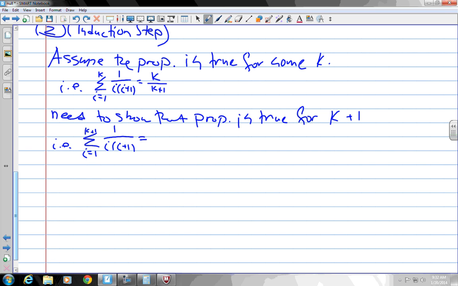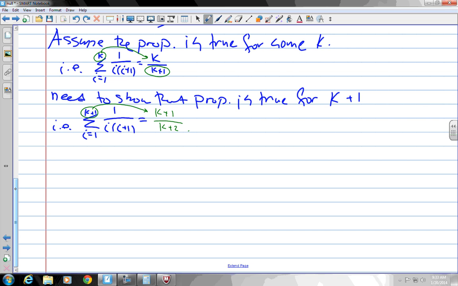What do we need to show? Over k plus 2. So whatever this value, that's the numerator, denominator is greater by 1, right? That's the general pattern. Whatever the limit of your k, that is the numerator. So whatever this thing is, that's our numerator. Denominator is greater by 1, so k plus 2. Then if we're able to show that, then we prove the induction step and we're done. Okay?